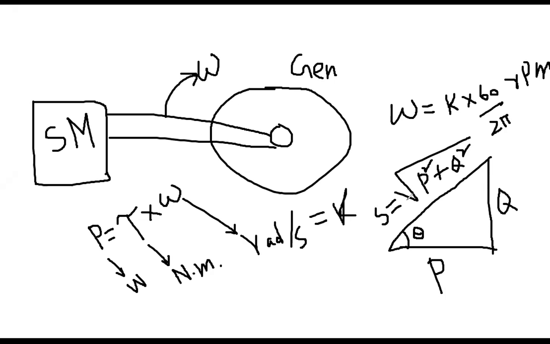And then you have to express this in MVA, and that is in the equation for H. H equals 5.48 multiplied by 10 to the power minus 9, and then in the denominator you have the MVA rating, and in the numerator you have J and RPM square, right?